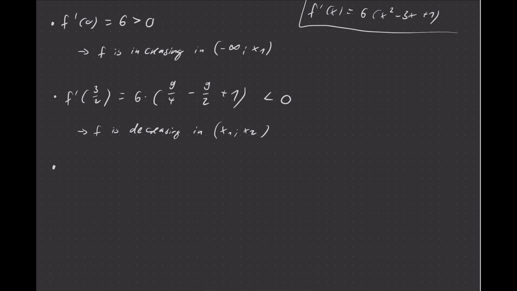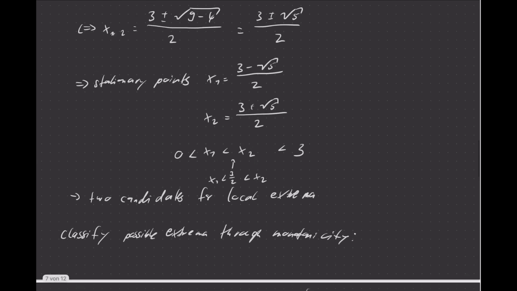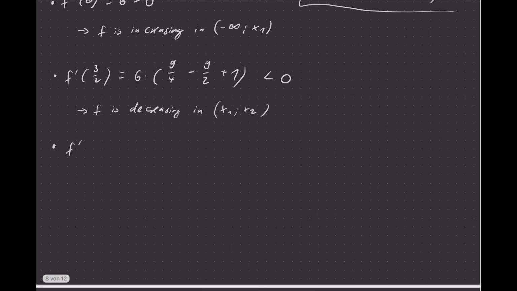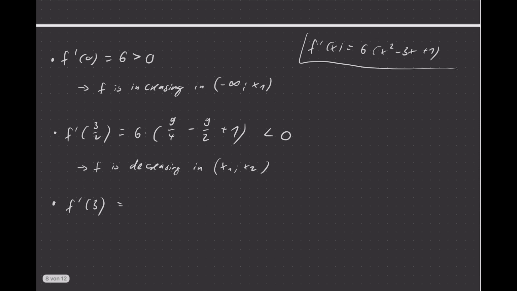And finally, let's have a look at a point that is beyond x2 as well. And we already said 3 is one such point. So we try to evaluate f prime at 3. If we do that, we get 6 times 3 squared, which is 9, minus 3 times 3, which is 9, plus 1. So we're left with 6. And that is positive. So f is increasing in the interval from x2 to infinity.